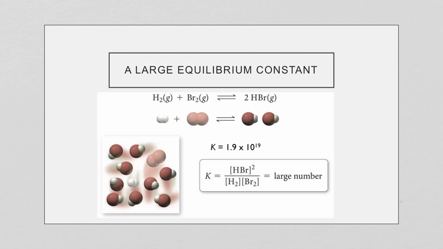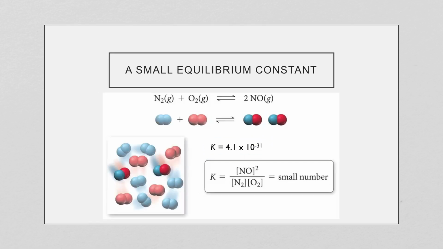Let's take this reaction where hydrogen and bromine are in equilibrium with 2 moles of HBr. In this case, we have a very large K, times 10 to the 19. This tells me that we make a lot of product. The top of this ratio is going to be much bigger than the bottom, resulting in a number much greater than 1.